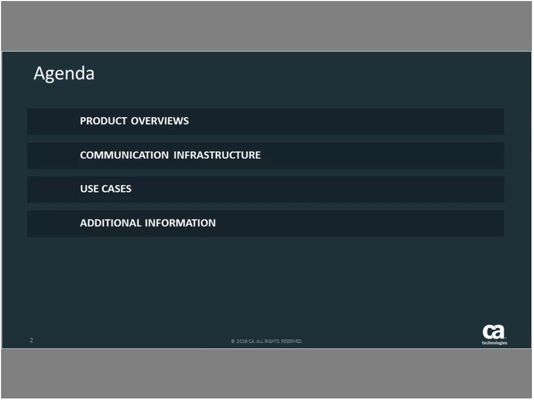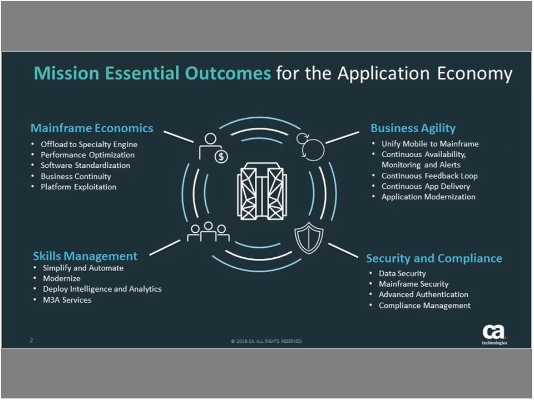Then we'll go through the nuts and bolts of this meeting, which is the use cases. These are the things that we see that you can really drive your business forward with by having these two products work together. And then some additional information that you can get access to about the different products here.